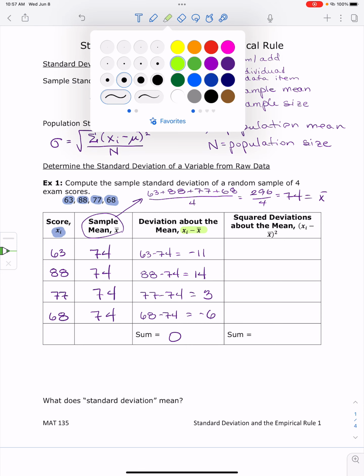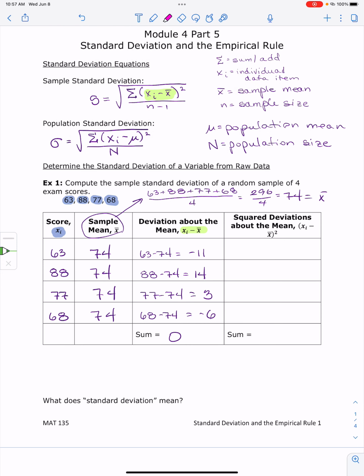So the next thing we do is we square each of these values. That's this part right here. Remember, negative 11 squared means negative 11 times negative 11. Anytime you square a number, you get a positive answer.